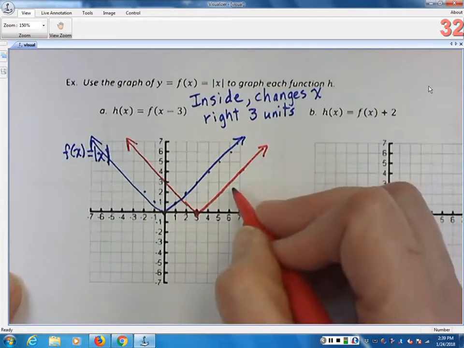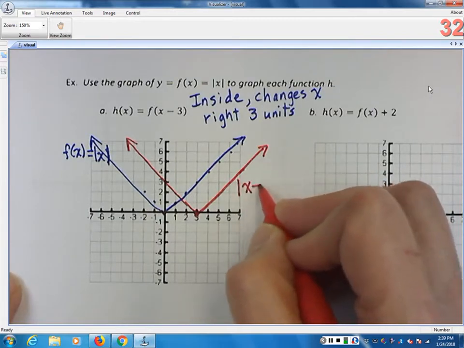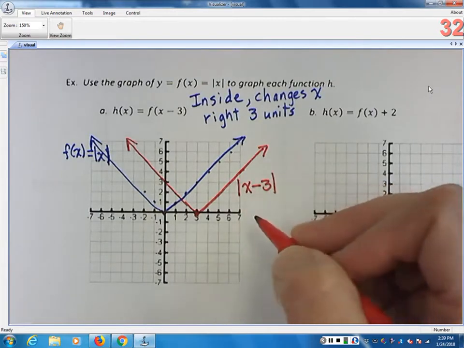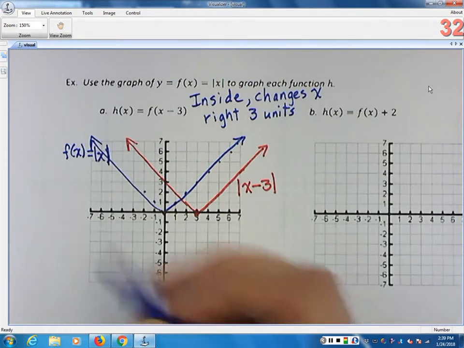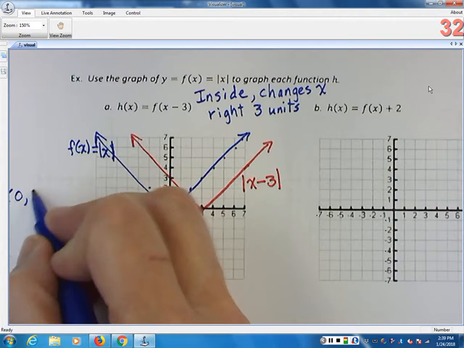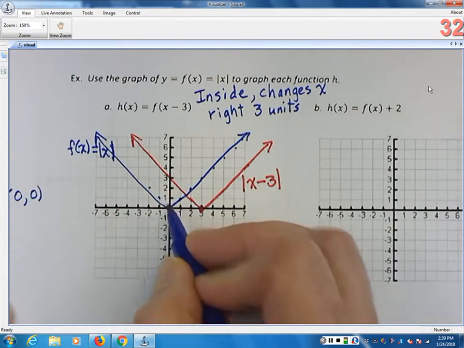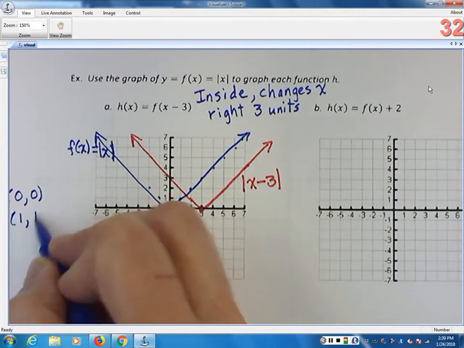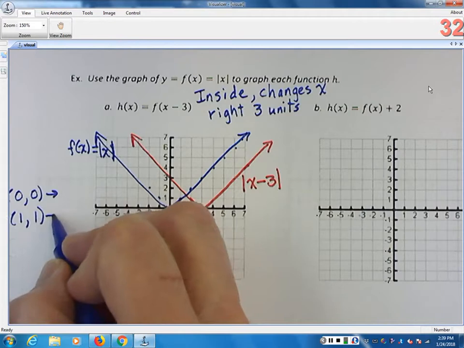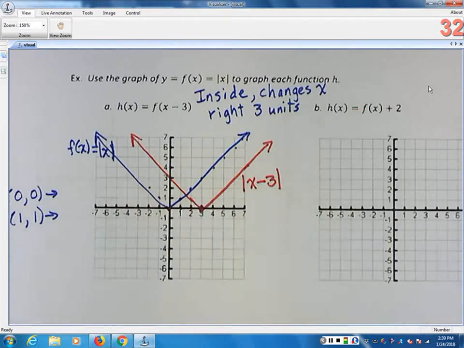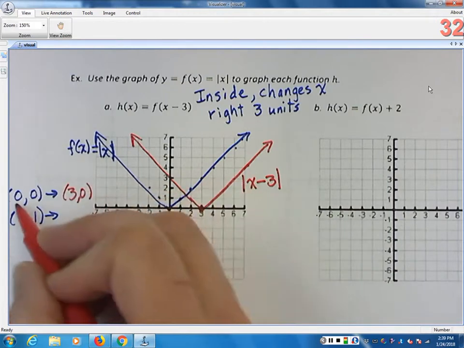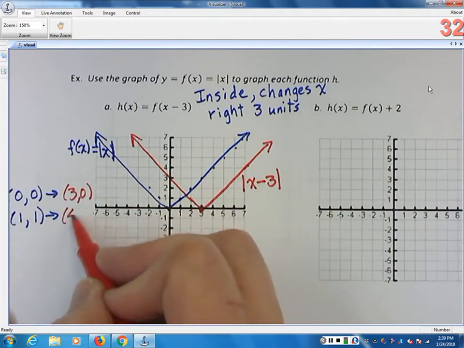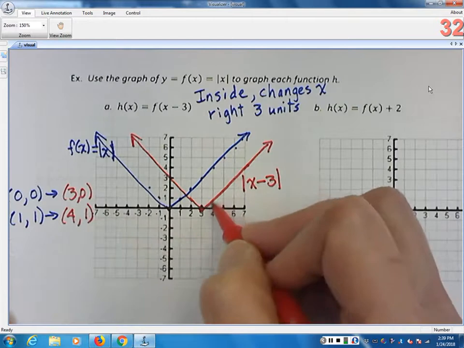And this is the absolute value of x minus 3. You could also write some points, 0, 0 on here, and say 1, 1. You're going to add 3 to each x coordinate, so it's going to be 3, 0 for the vertex, and 4, 1 for the next point.